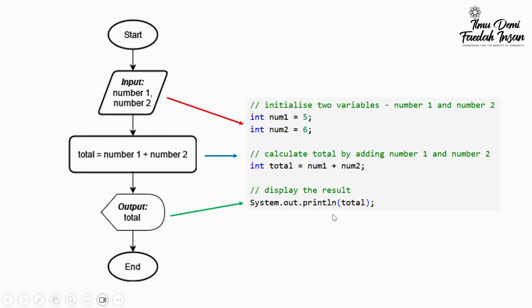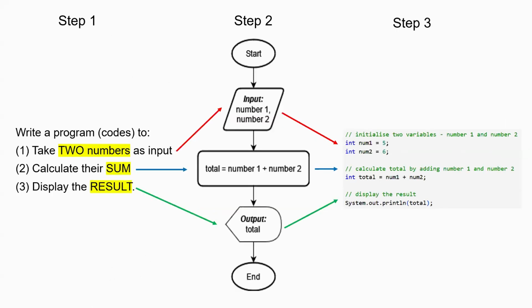So basically, whenever you are asked to approach or solve a task, you can break it down into 3 steps. So the first step is you are given the question, you break it down into a few subtasks. So here we have 3 subtasks, 1, 2, 3.